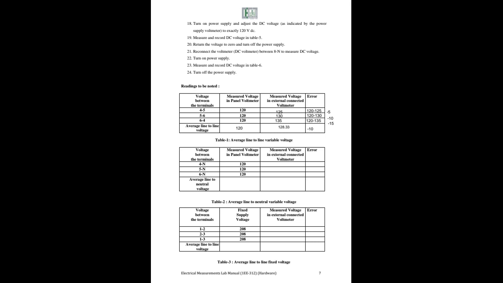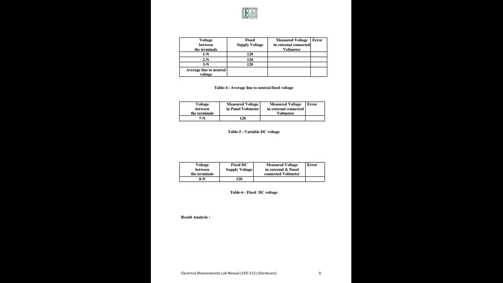Here we will connect 3 voltmeters between 1 and 2, 2 and 3, and 1 and 3. We will apply a voltage of 208 and we will check the voltmeter readings and calculate the error. And then we will change the circuit to 1 to n, 2 to n, 3 to n.